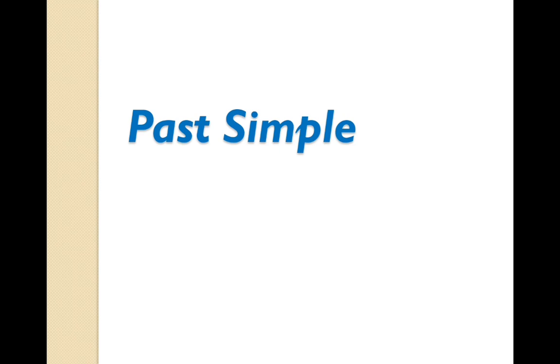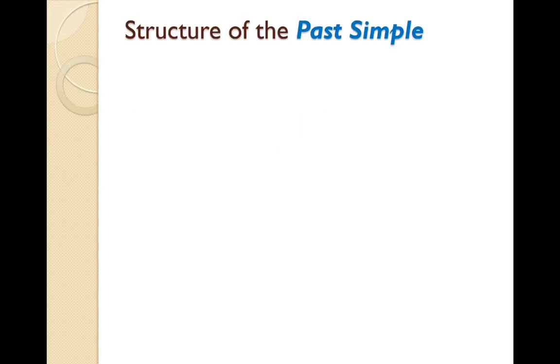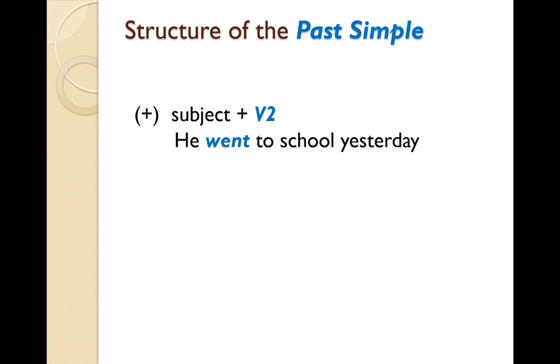So let's start by looking at the past simple. Structure of the past simple. In positive phrases, we use the subject plus verb 2. He went to school yesterday. In negative phrases, we use the subject plus did not, which can be contracted to didn't, plus the infinitive.